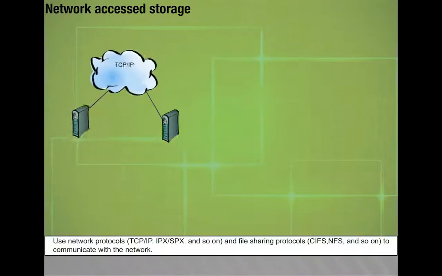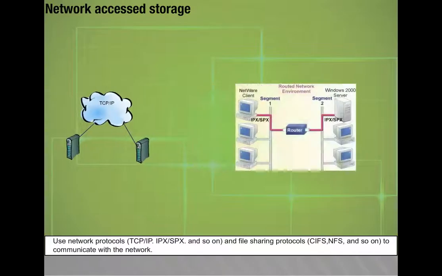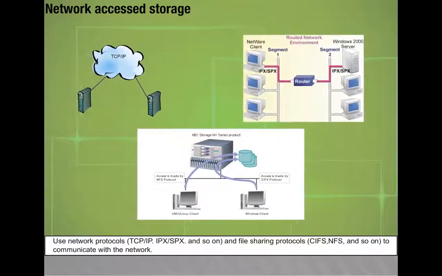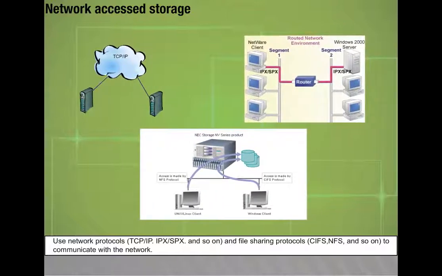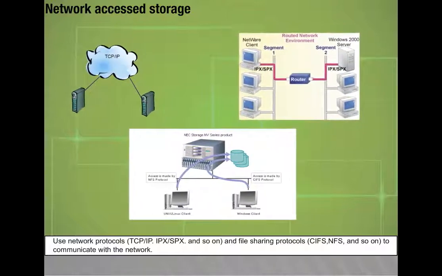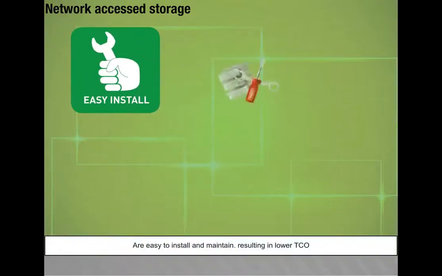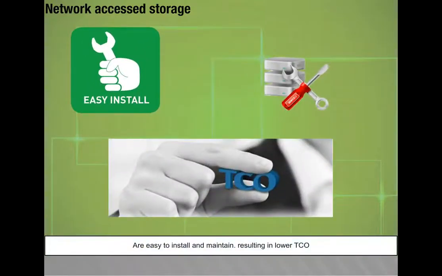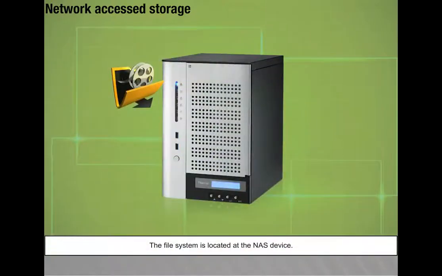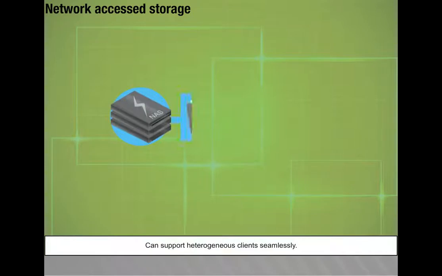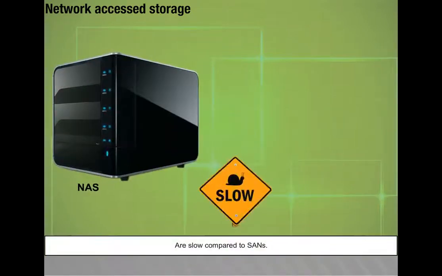Uses network protocols such as TCP/IP, IPX or SPX, and file sharing protocols such as CIFS, NFS and so on, to communicate with the network. Is easy to install and maintain, resulting in lower TCO. The file system is located at the NAS device, can support heterogeneous clients seamlessly, but is slow compared to SANs.